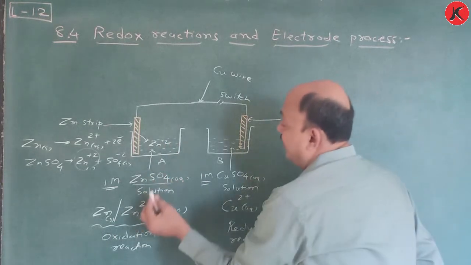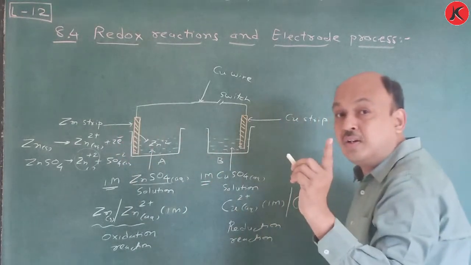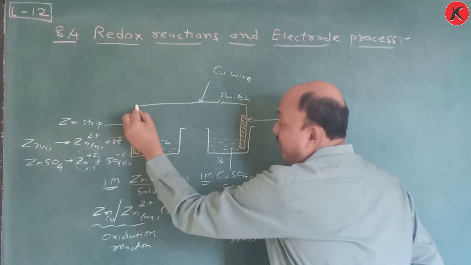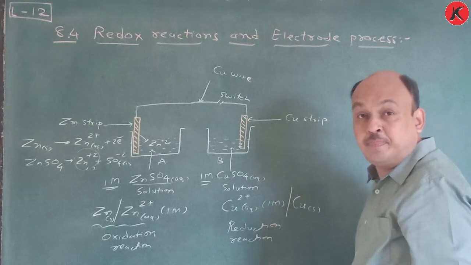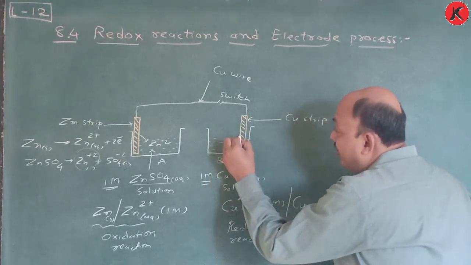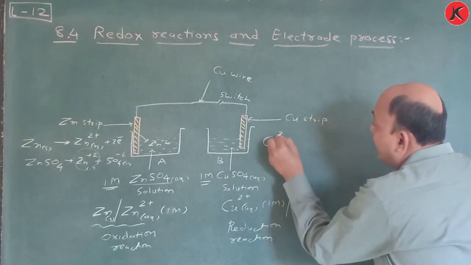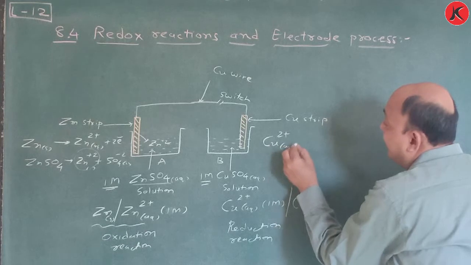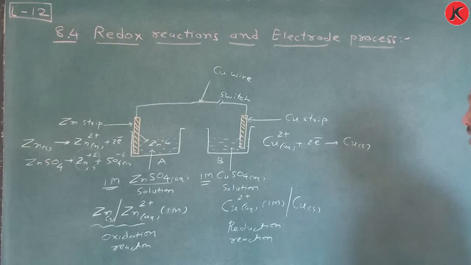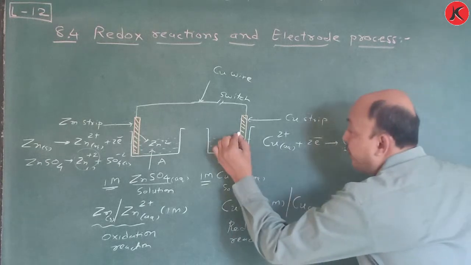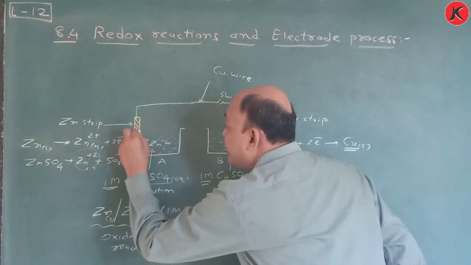Now you see, the 2 electrons which are released just go through this copper wire because of its conductivity and enter the copper strip. So what happened? These 2 electrons reach this surface at a time. In the solution Cu plus 2 aqueous is there, and it gains these 2 electrons, and copper solid is deposited on the surface of this copper strip, and here the Zn strip corrodes.